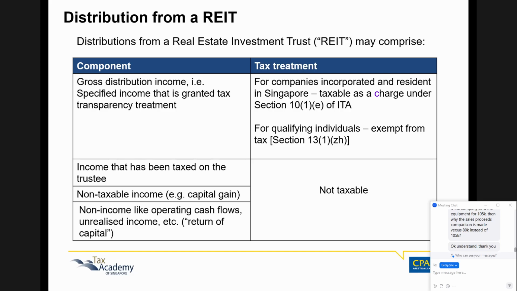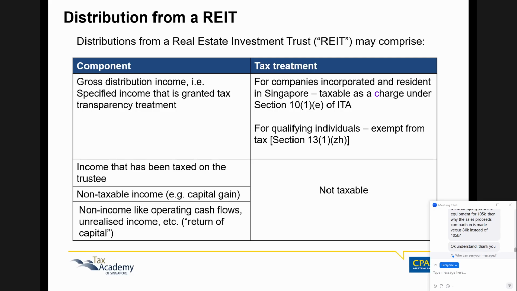If that distribution is a gross distribution income, then for companies this income is chargeable to tax. For individuals, it is exempt from tax. But for companies, this gross distribution income is chargeable to tax.